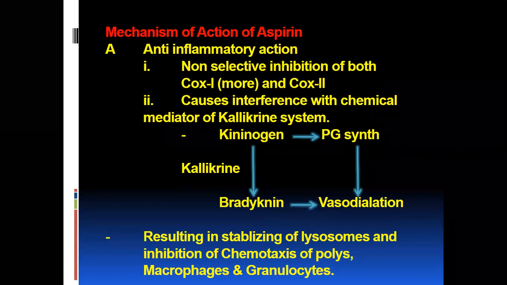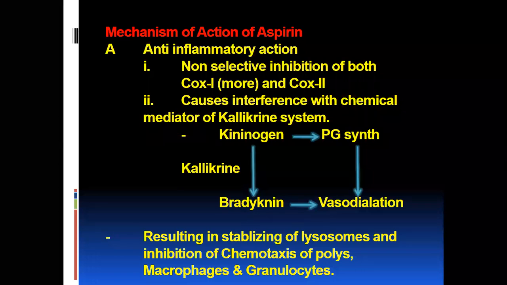Now, the second anti-inflammatory action is that it causes interference with the chemical mediators of the kallikrein system, and when this is inhibited, it results in stabilization of lysosomes and inhibition of chemotaxis of polymorphs, macrophages, and granulocytes. What is the kallikrein system?